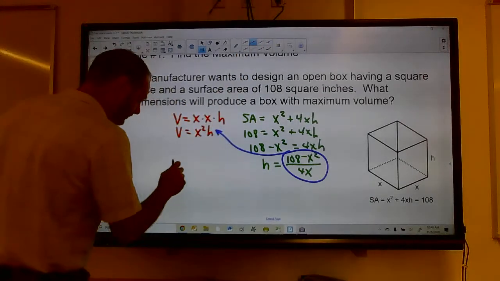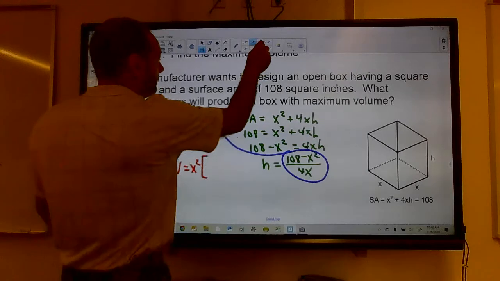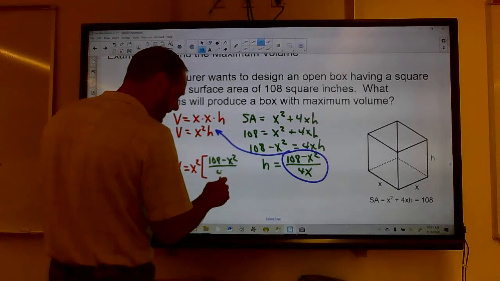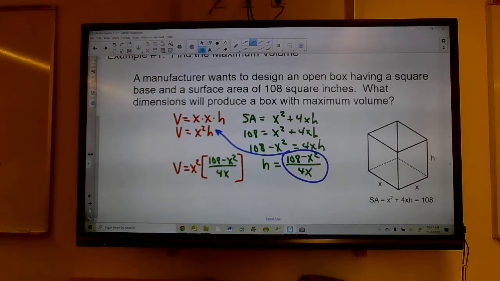So now what we have is volume equals x squared times (108 minus x squared) over 4x. Okay, now we have an equation that only has x's in it. We can simplify that equation a little bit.